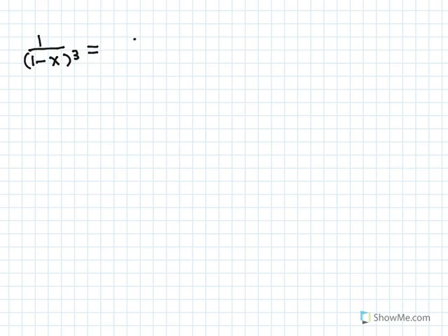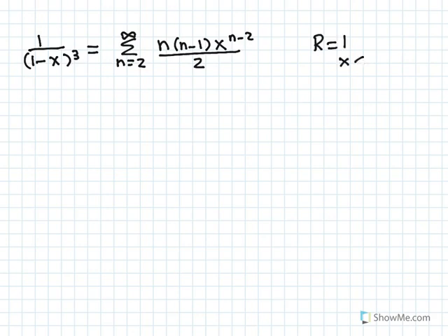This is equal to summation n equals 2 to infinity, n times n minus 1, x to the power of n minus 2, divided by 2. And the radius of convergence is the same as the original radius of convergence for the geometric series. So radius is equal to 1, and x less than 1, larger than negative 1.